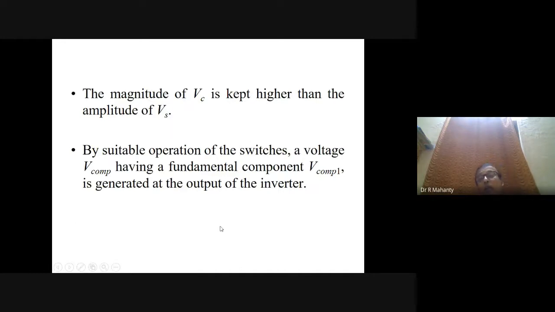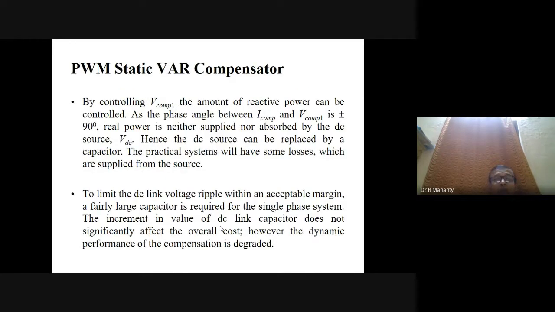By suitable operation of switches, the voltage V compensation 1, the fundamental component, is generated at the output of the inverter, and in that way it will behave like a capacitor and the power factor can be improved. Now, by controlling V compensation, the amount of reactive power can be controlled, as the phase angle between I compensation and V compensation 1 is plus or minus 90 degrees.